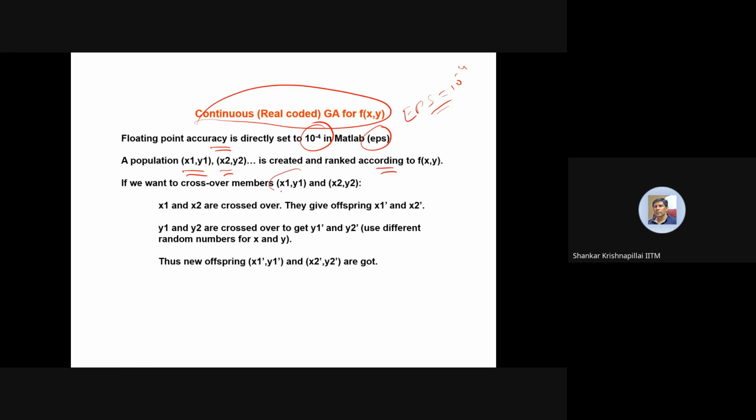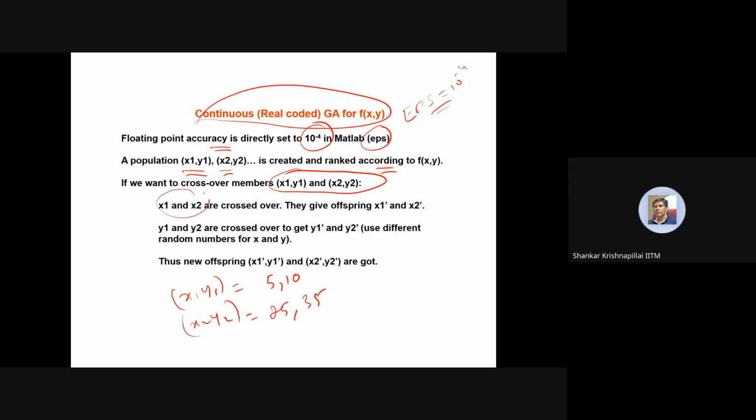Now suppose I want to cross over X1, Y1 and X2, Y2. So X1, Y1 is equal to 5, 10. X2, Y2 is equal to 25, 35. I want to cross them over.